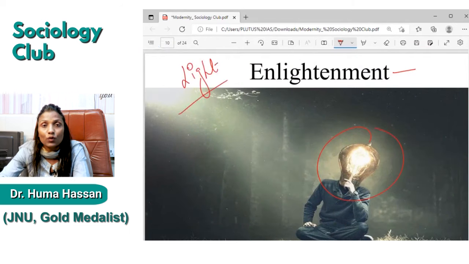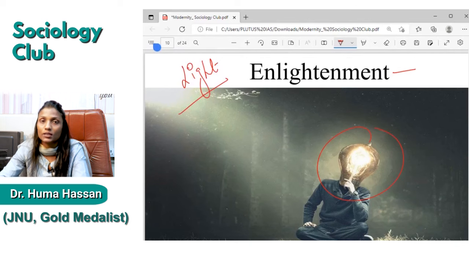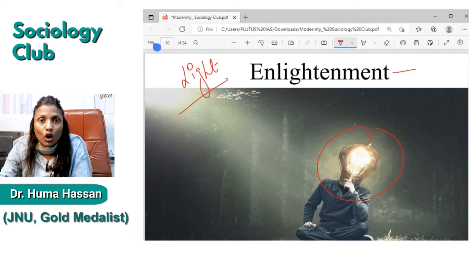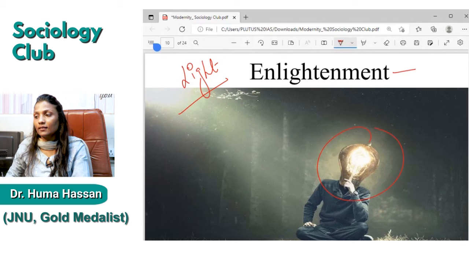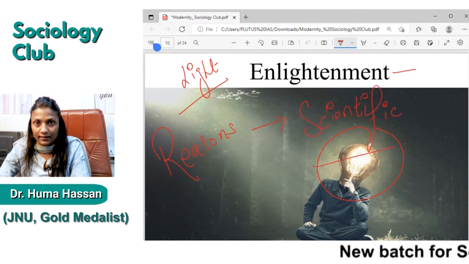Renaissance was a rebirth, but Enlightenment means we have got the gist to understand society. And what's that? That is reason. We must have our belief system based on scientific investigation. This is what Enlightenment means.